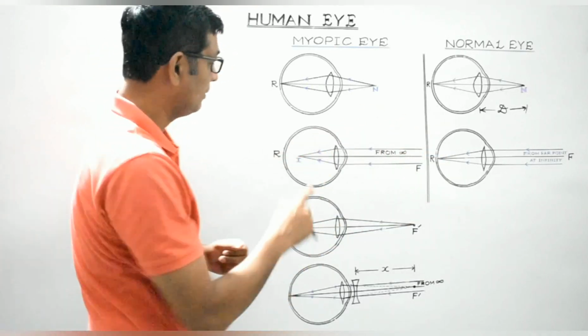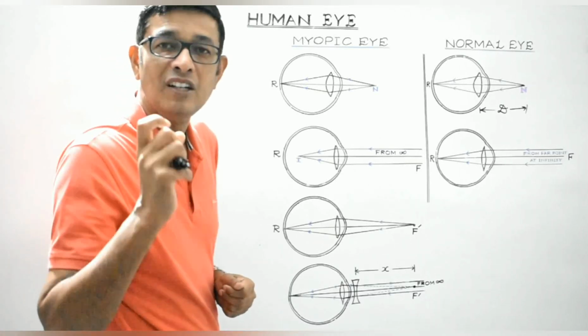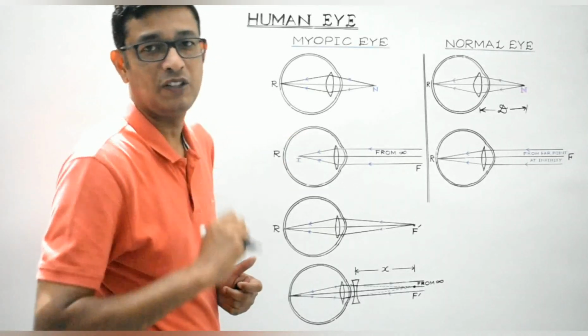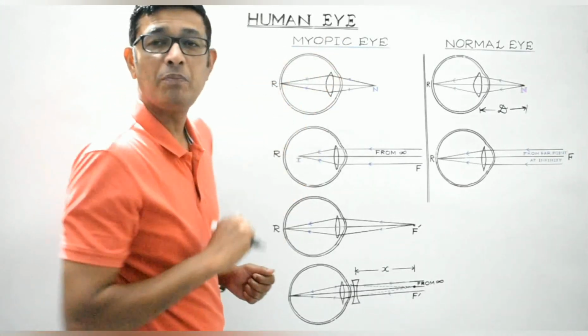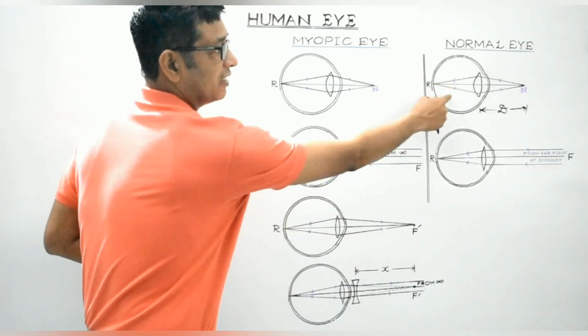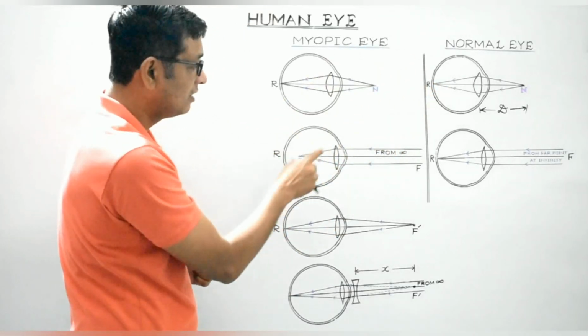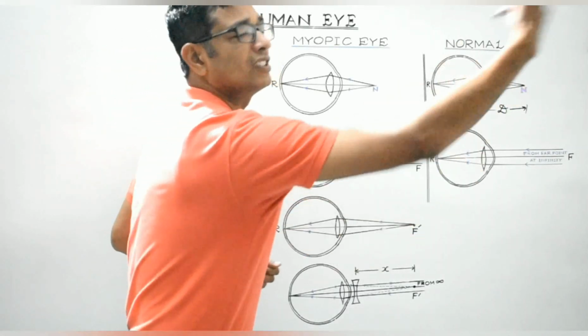As a result, the image on the retina is not clear. It is unclear or blurred. It is out of focus. So this person suffering from myopia is able to see nearby objects clearly, no problem in that, but is unable to see clearly the distant objects beyond a certain distance.